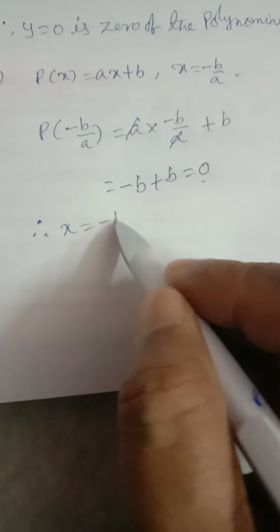Question number 7. F of x is equal to 3x square minus 1. X is equal to minus 1 by root 3, comma 2 by root 3.